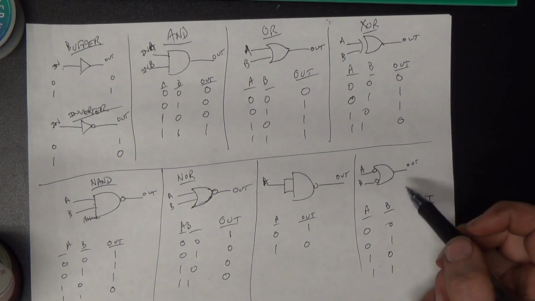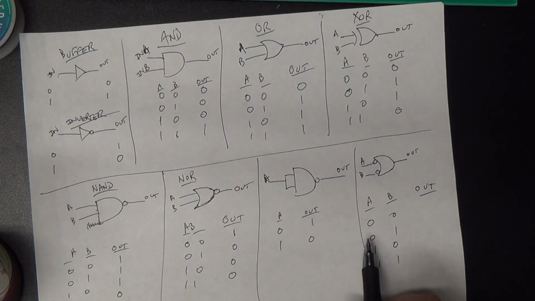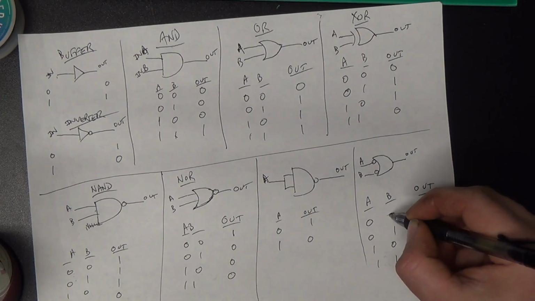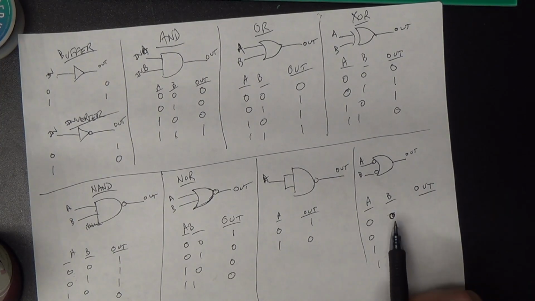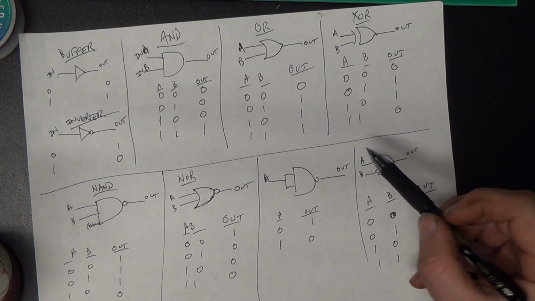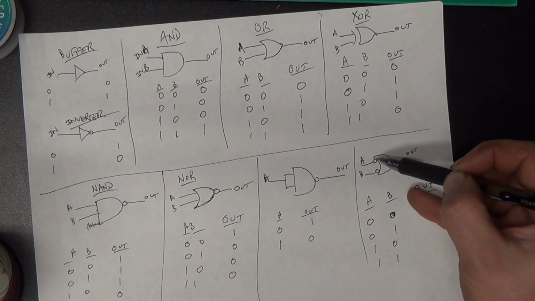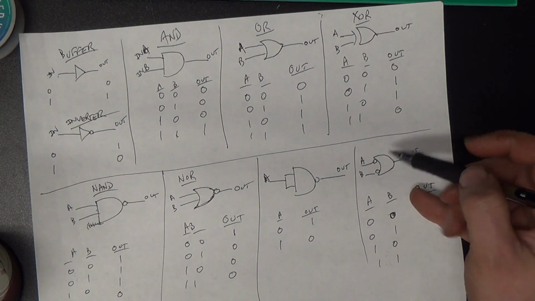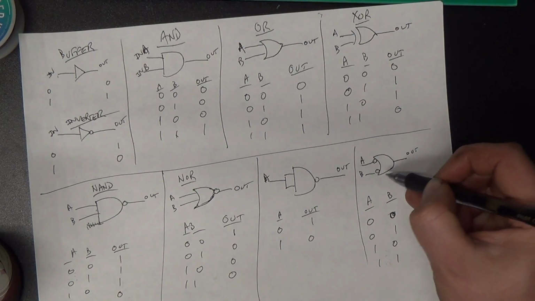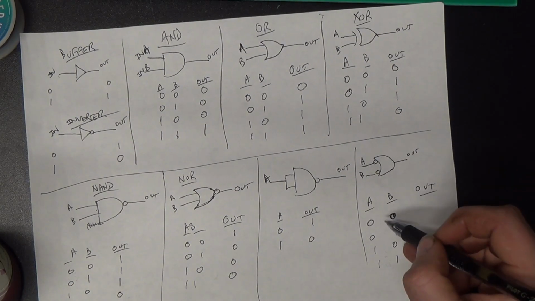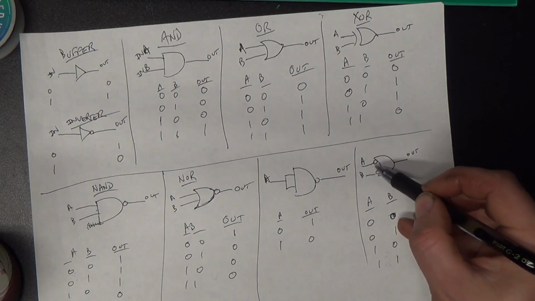Now, when A and B are both low, those signals go through these little nuts on the input of this OR gate here, so those will both be high. They'll both be true.